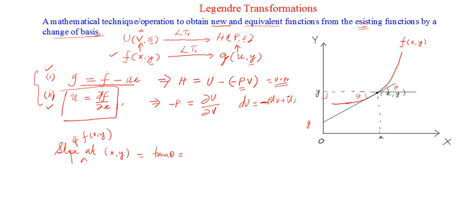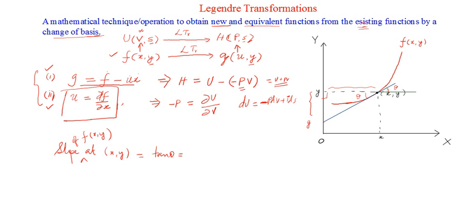So what will tan theta be equal to? I can write tan theta equal to the opposite side divided by this particular side. And what is this side? Let me write this g. So tan theta is equal to dy by dx.